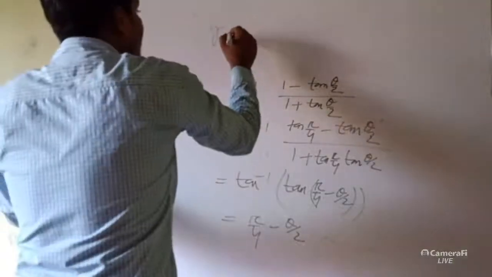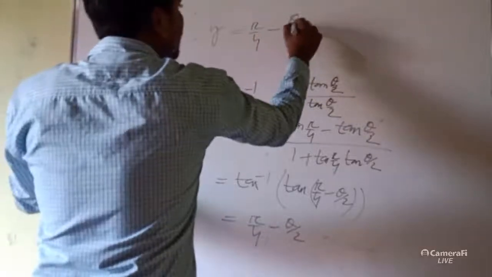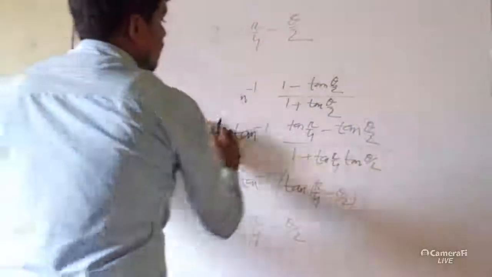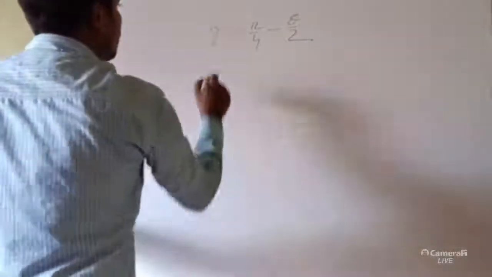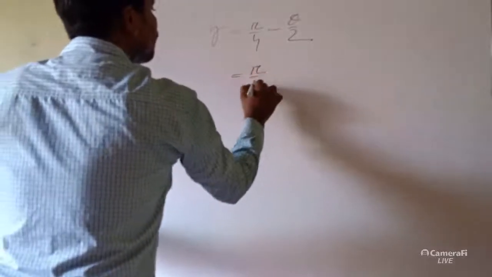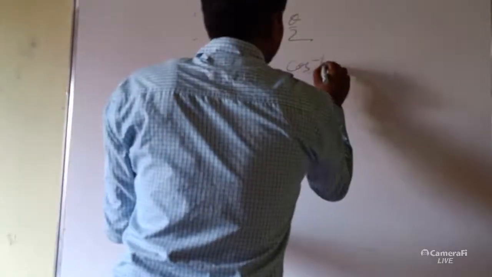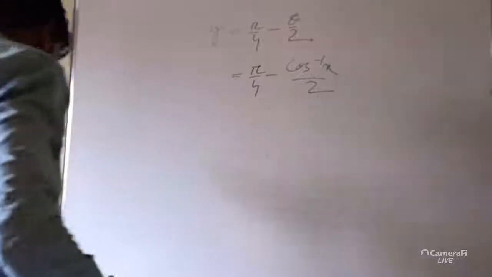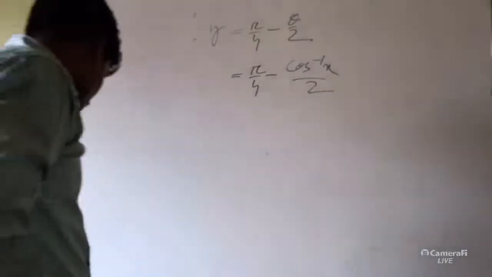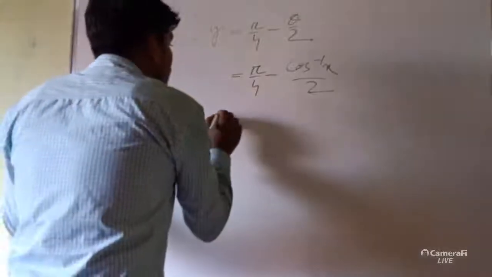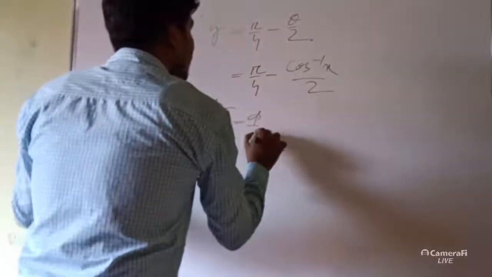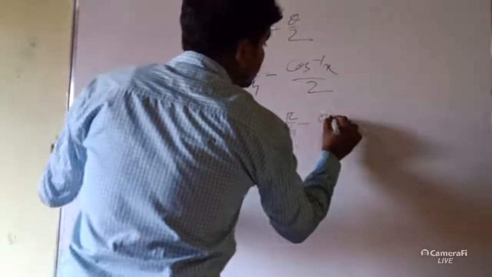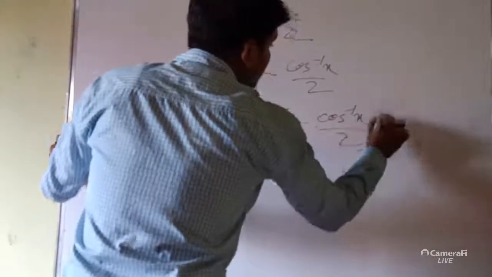Now y equals pi by 4 minus theta by 2. Here theta means cos inverse x, so y equals pi by 4 minus cos inverse x by 2. Now we get dy by dx, which is d by dx of pi by 4 minus cos inverse x by 2.